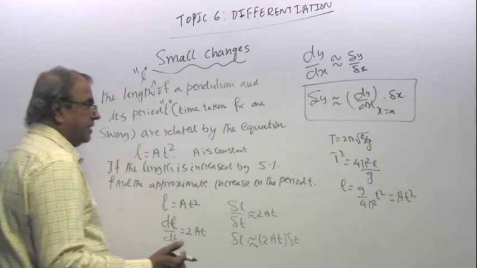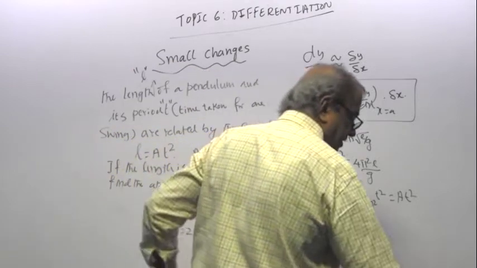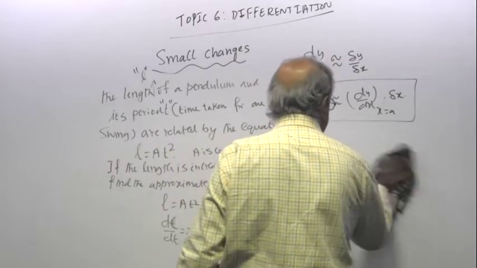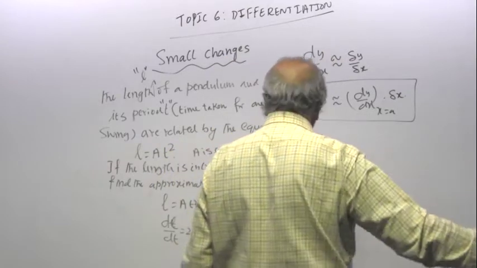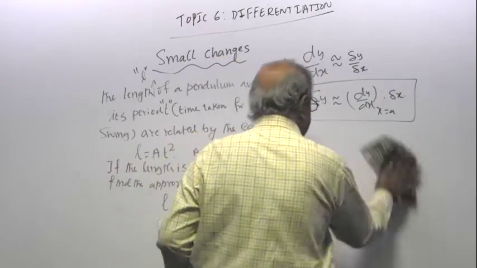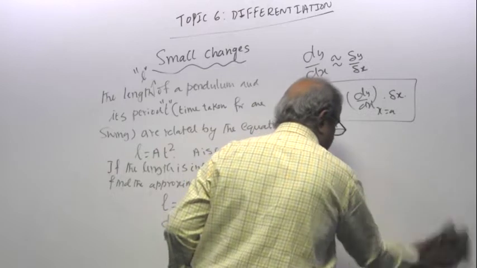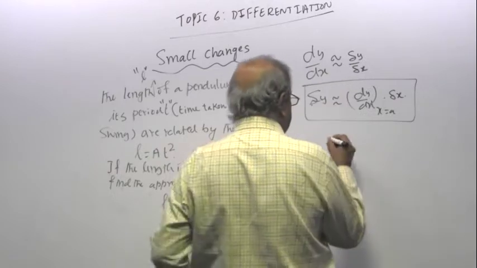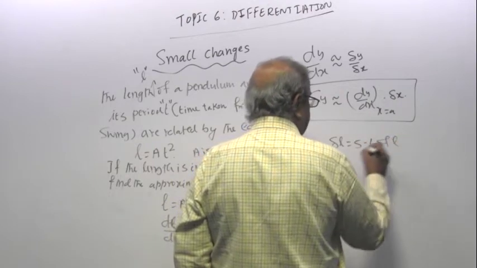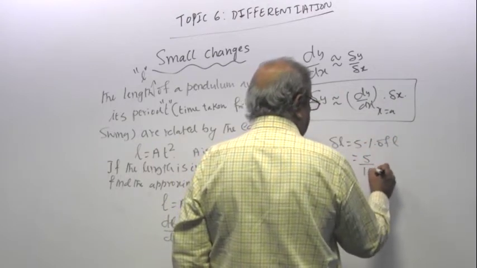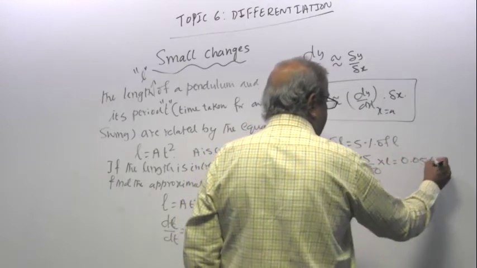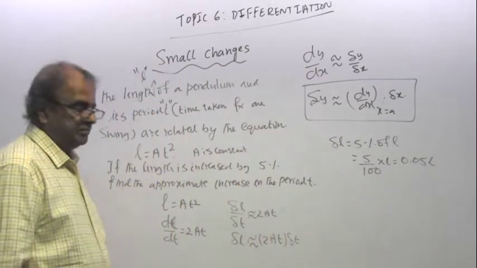You're being given L is increased from whatever was its length by about 5%. So therefore, delta L would be 5% of L. Delta L is 5% of L, which is 5 over 100 times L, or 0.05 L. Yeah?